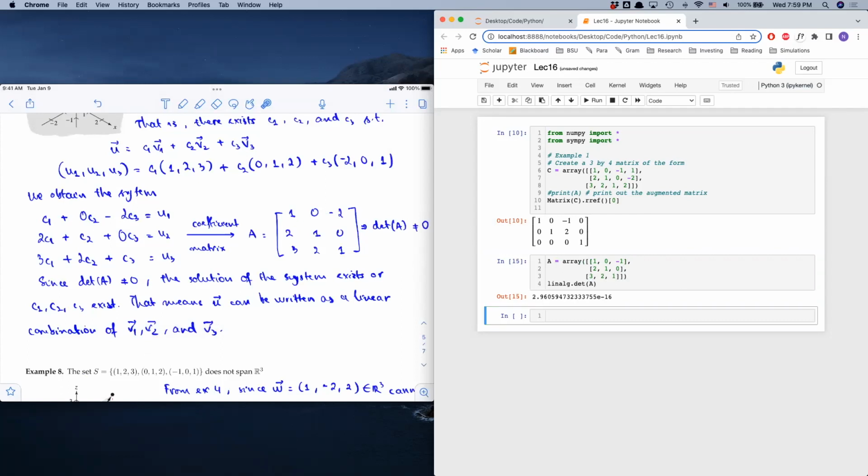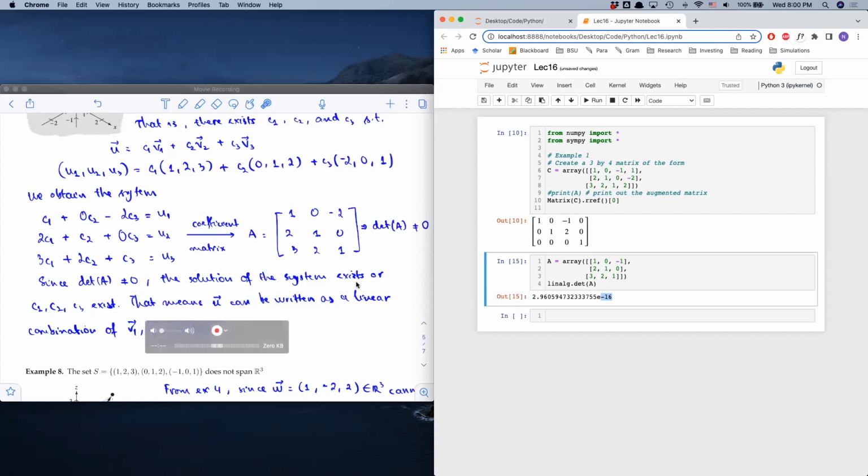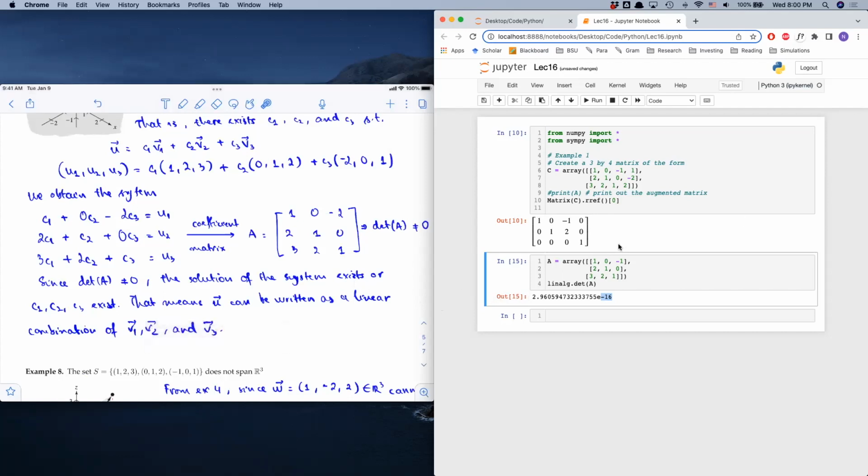If you hit Shift Enter, you can see that the determinant of this matrix is equal to 0. It's e to the -16, a very, very small number, very close to 0. Because the determinant is equal to 0, the system has no solution. Therefore, the set is not a spanning set, or does not span the entire R3.